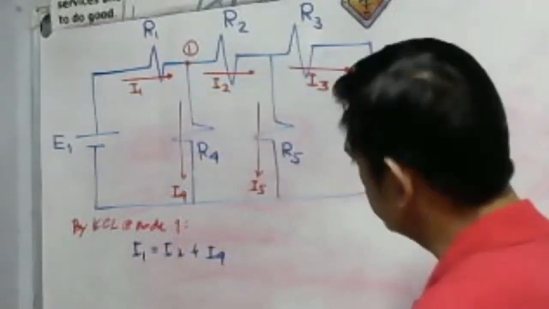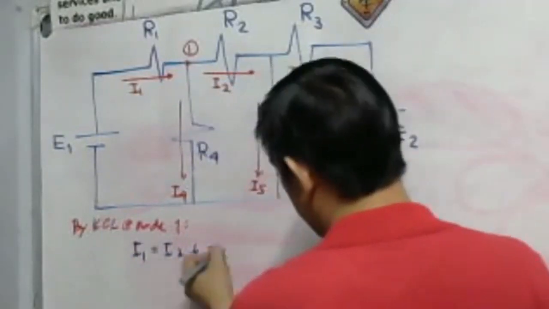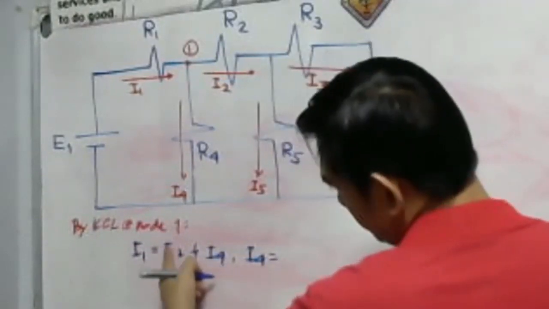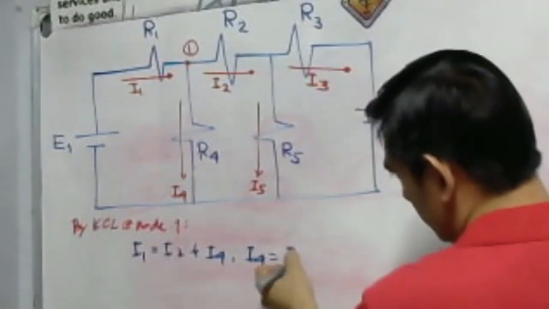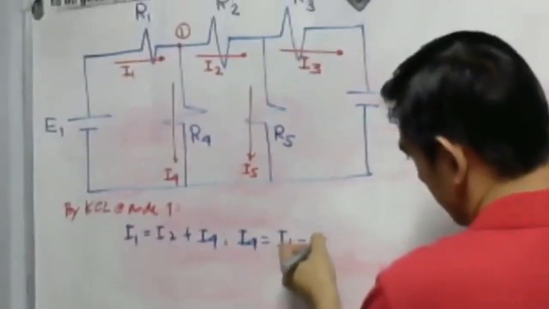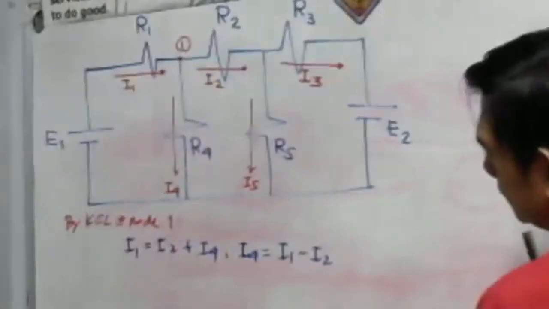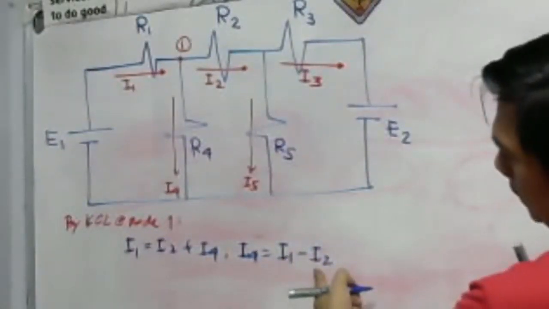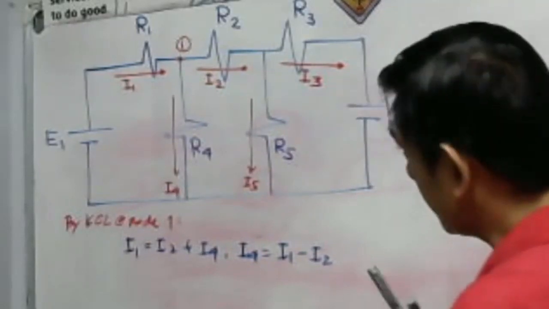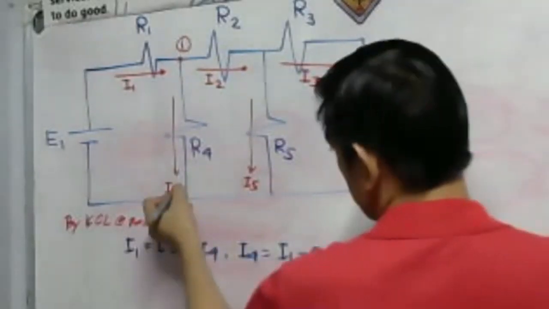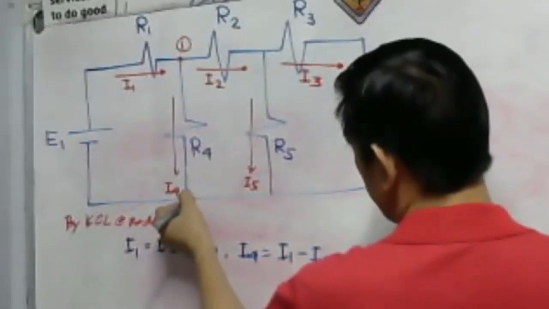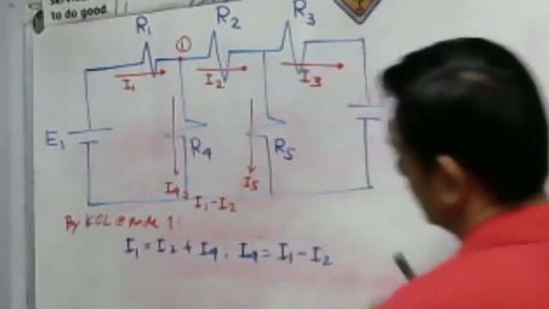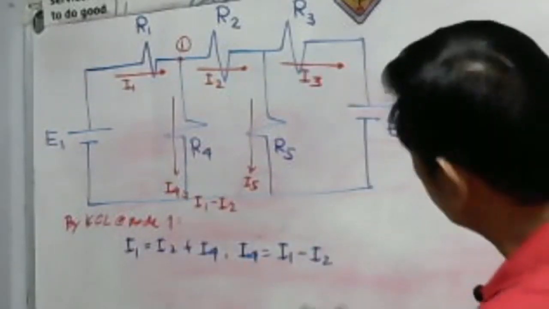So how to get our I sub 4? Let us transpose I sub 2, so I sub 4 is equal to I sub 1 minus I sub 2.